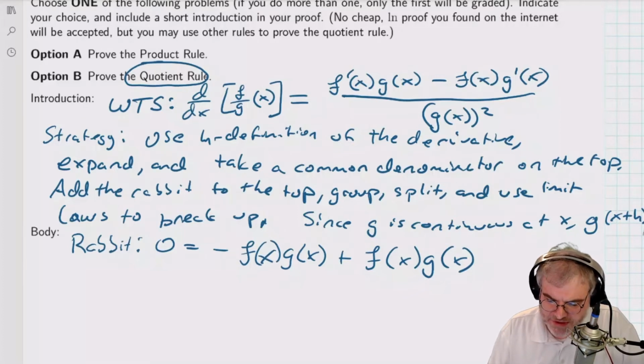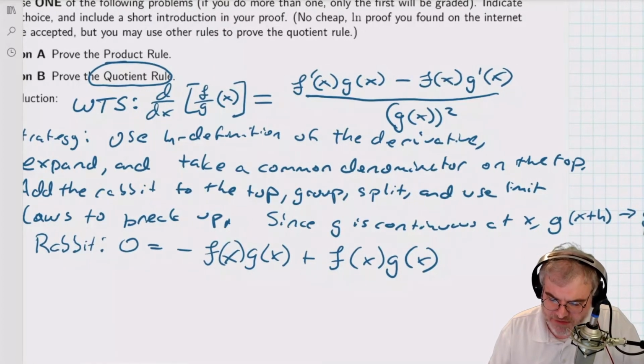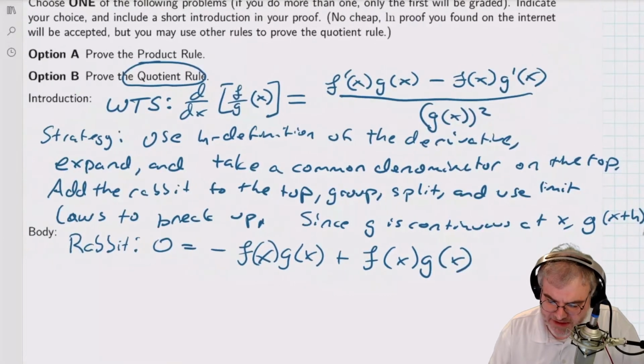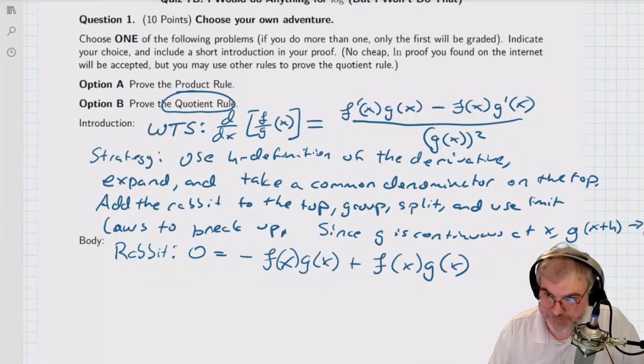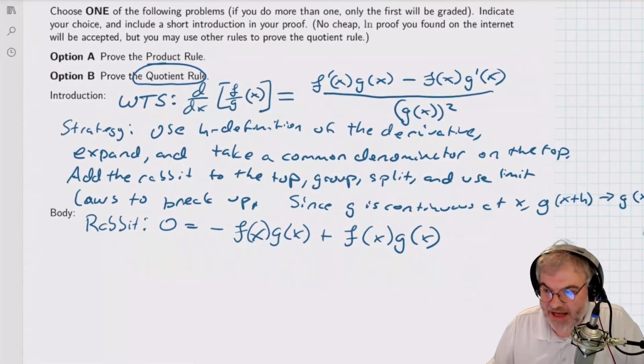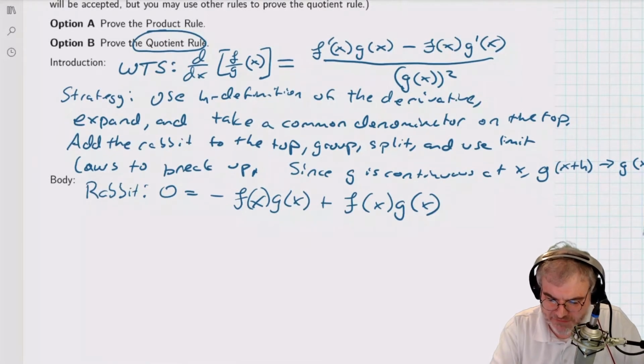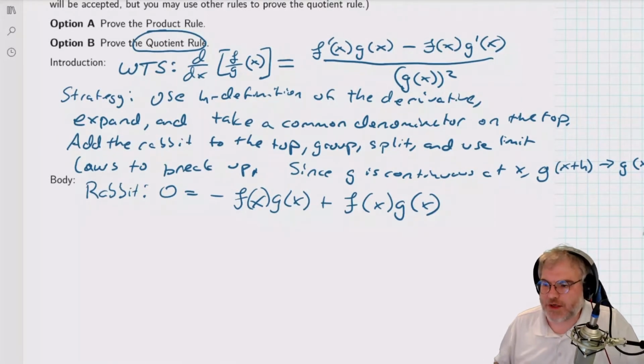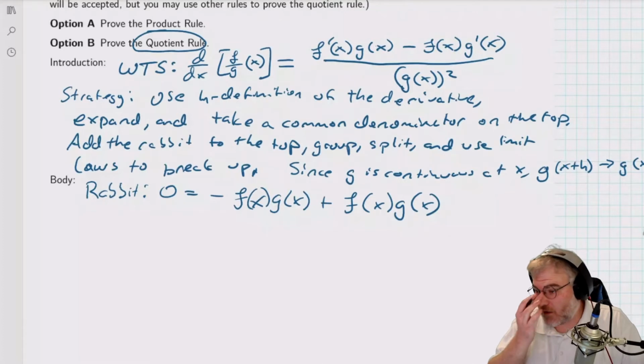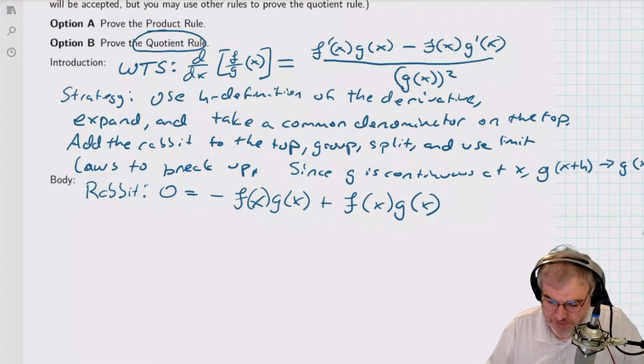Since g is continuous at x, g of x plus h goes to g of x, and there's my rabbit. Haven't looked at the proof, just looked at the strategy. All right, let's see if I can do this. And this is what I mean by you don't memorize a proof. You memorize a strategy. I'm just going to follow my directions.